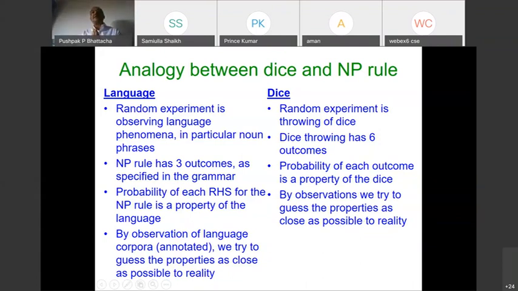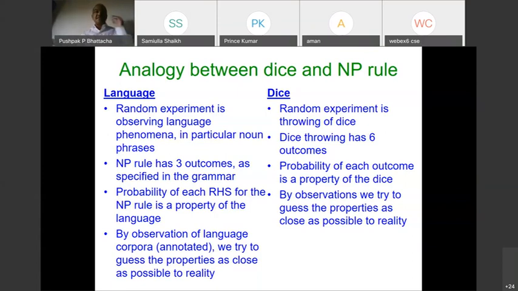So do please appreciate the analogy between dice throwing and observing the language phenomenon in a particular language. In particular, let's say we are observing the phenomenon of noun phrase construction. This analogy is nice: dice throwing and investigating how noun phrases are composed are analogous situations.